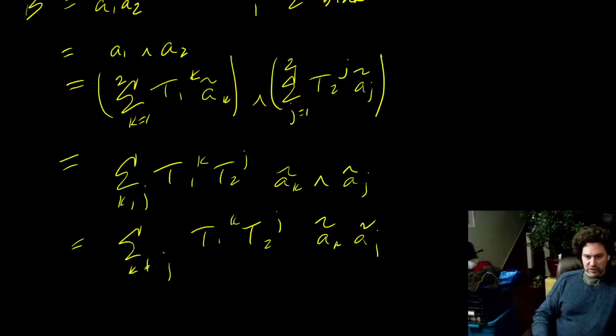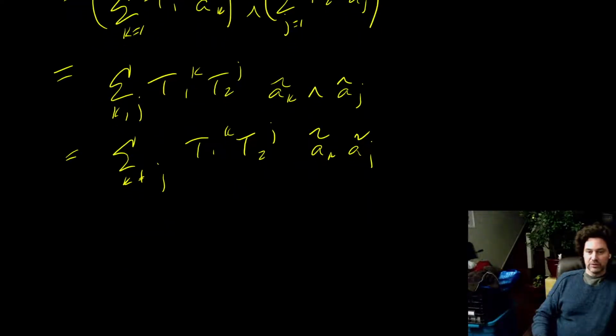And I've dropped the wedge products now because k is not equal to j explicitly in the sum range, and we're almost there for this particular reduced version of the problem.